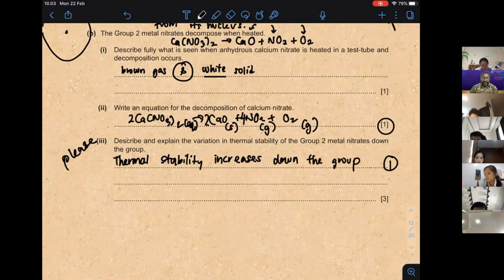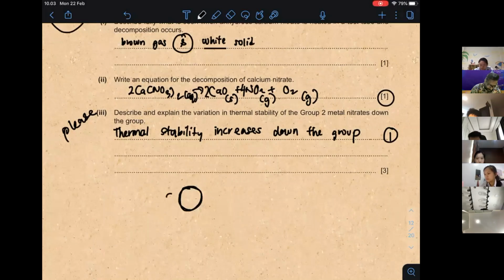Then in your answer, what is differentiating is the explanation. You must mention that the size of nitrate is quite big. So if I have magnesium nitrate, it's a small cation.